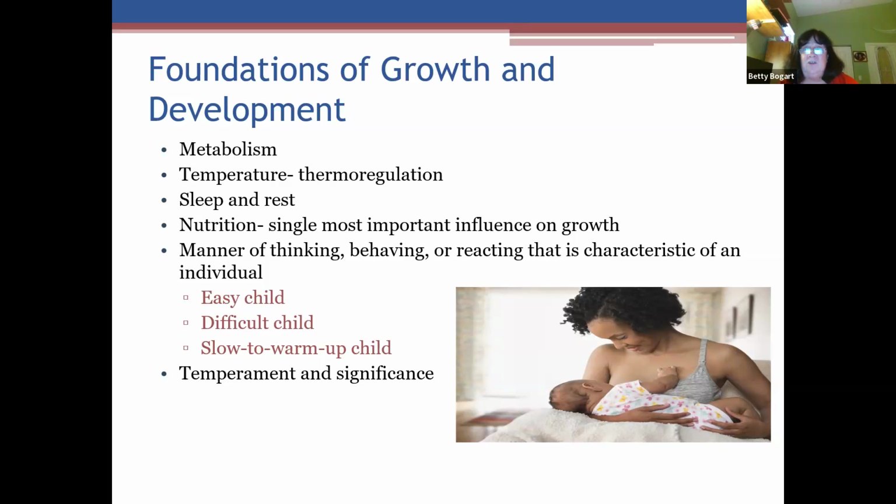And if we let that nutrition slack for too long, it'll be permanent. So we need to make sure we get that nutrition the way it should, maybe increase calories in whatever, breast milk or in formula, and get them maybe therapy that they need to catch them up. These are things that we do.